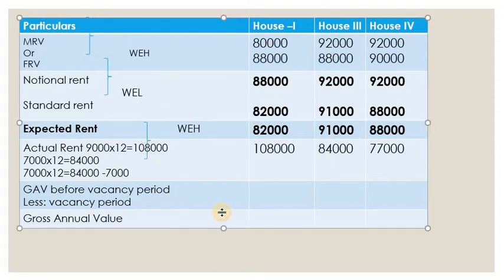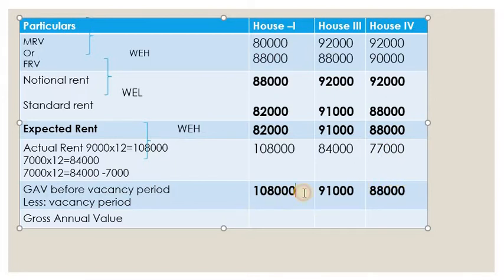So which is higher we have to write down here. So 82,000 or 1,08,000, 1,08,000 is higher. Then 84,000 or 91,000, 91,000 is higher. Then 88,000 or 77,000, 88,000 is higher.